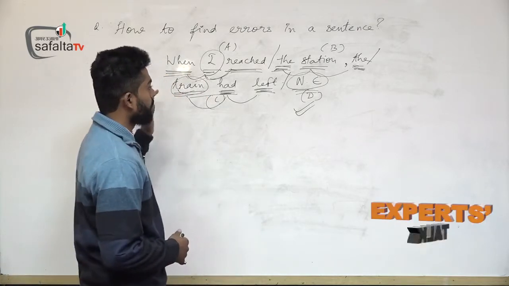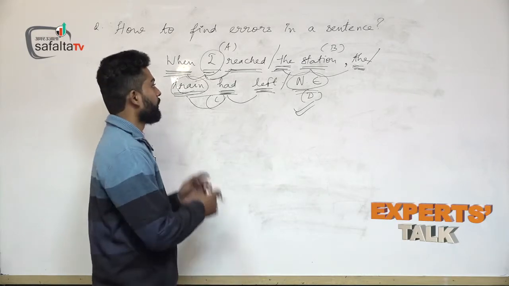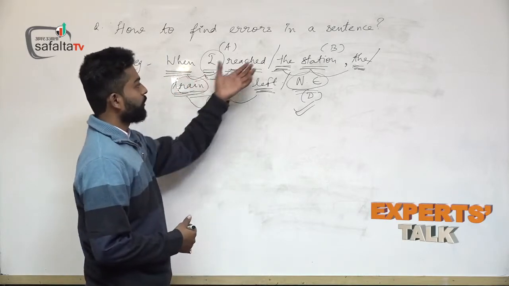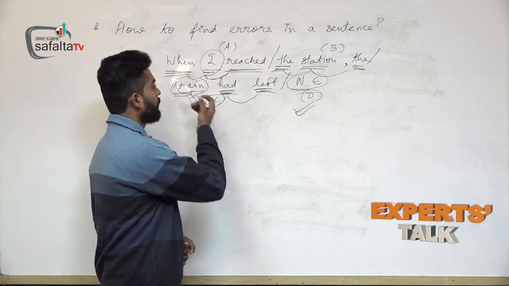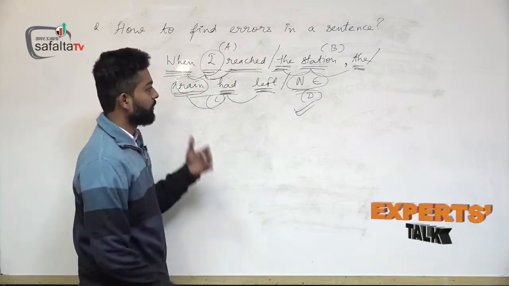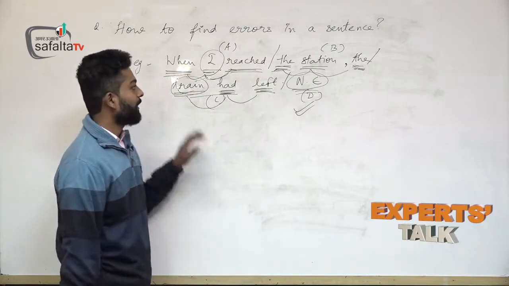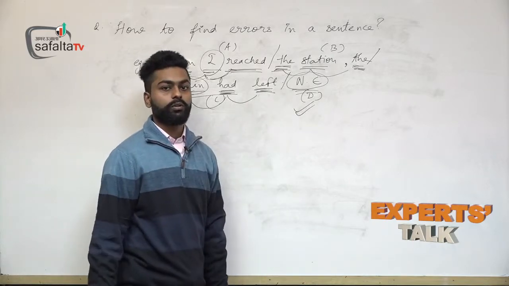So the trick behind finding the error in any sentence is to look at the sentence word by word: the article used, the verb used, the helping verb used, or the conjunction or the noun used. And if you are not getting any error in this sentence, then the option no error is also correct.